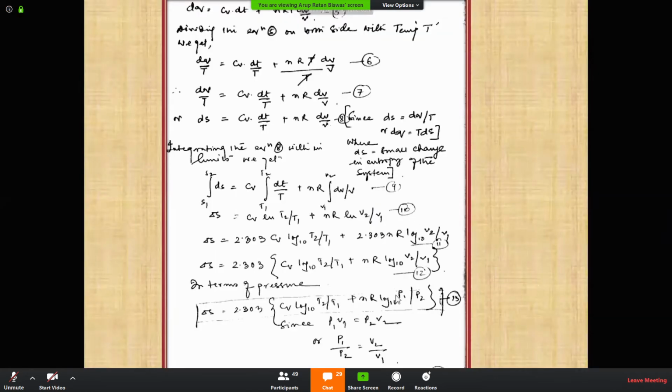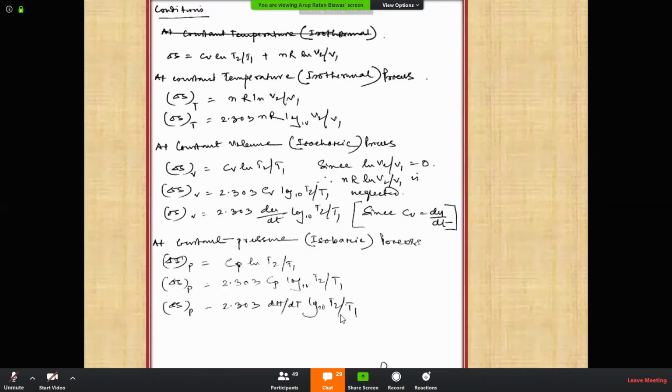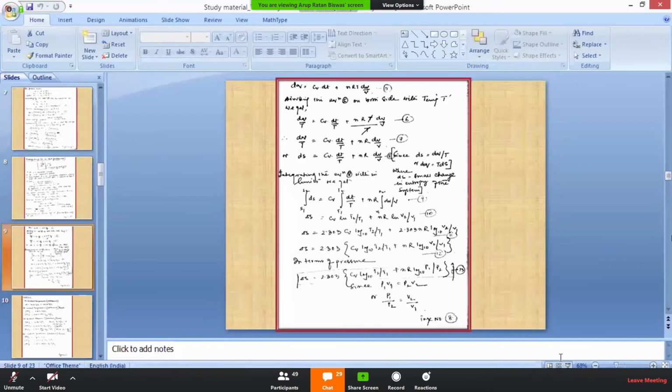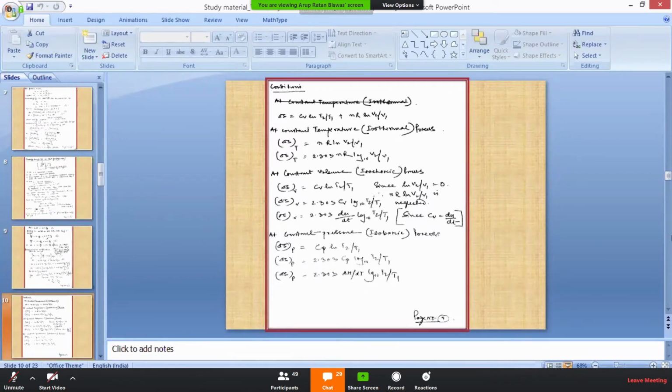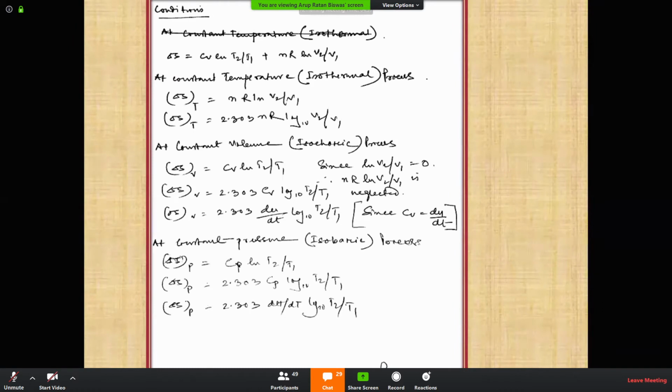Okay. Now, moving to the next page. So, this is the condition. Now, as there are three processes, because you have three entities, the most important thing here is, because you are integrating with temperature, you are integrating with volume.